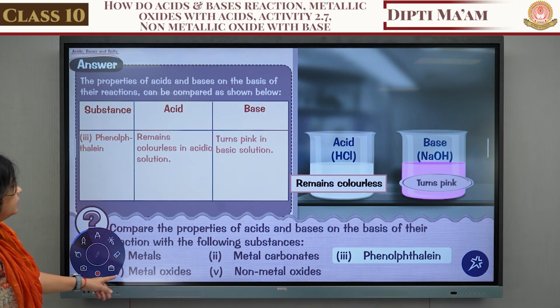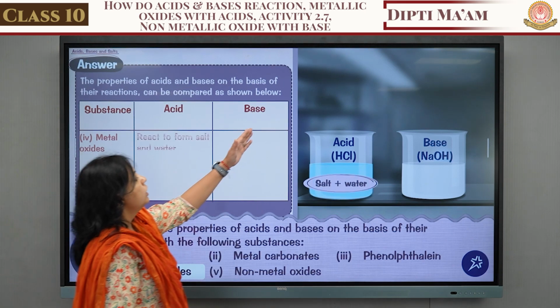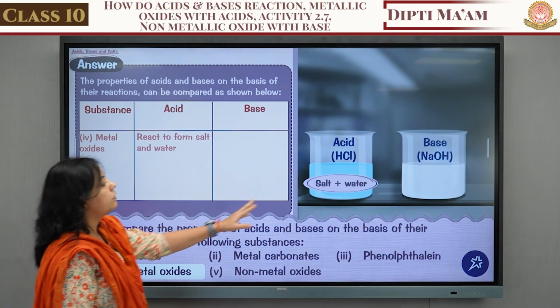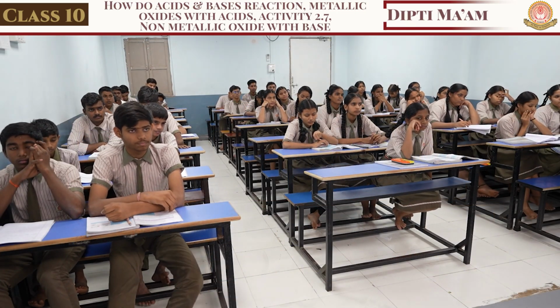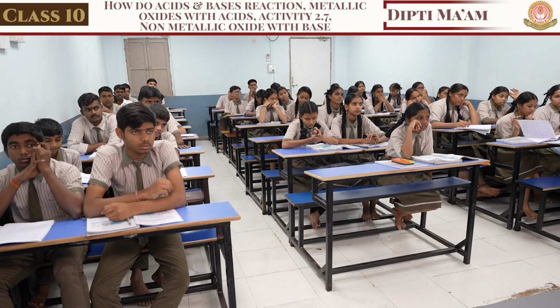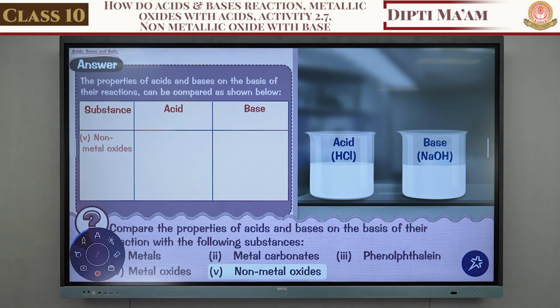Now the next thing, that is known as metal oxide. What is the effect of the metal oxide? For example, CuO, that is copper oxide, reacts with the acid, then it will form salt and water. What is the effect of the base? No visible reaction. The last is non-metallic oxide.